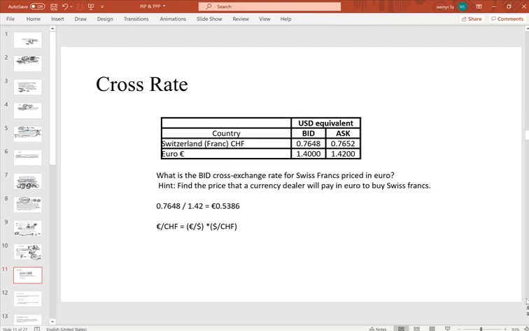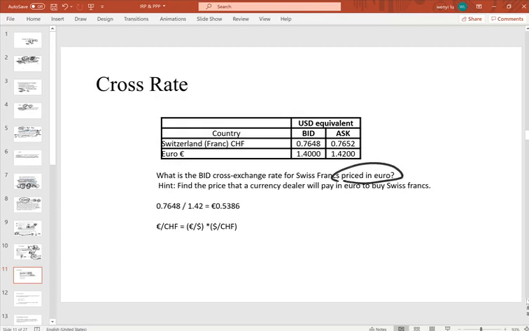Next one, still a cross rate we have in the homework. This is the second time we double check these questions. We want to find out the bid rate for the Swiss franc priced in the euro.